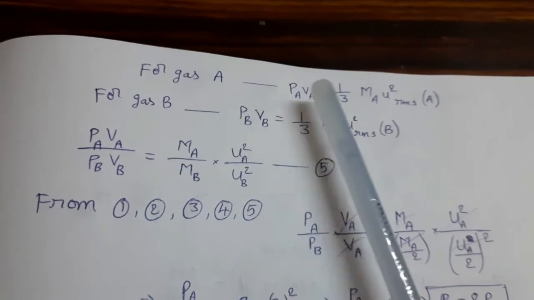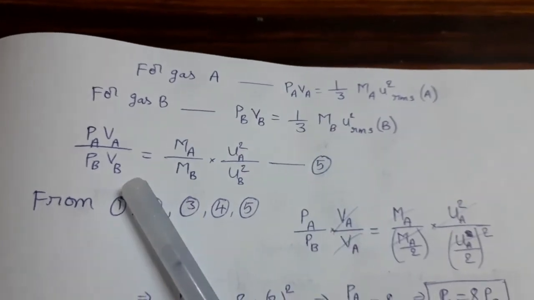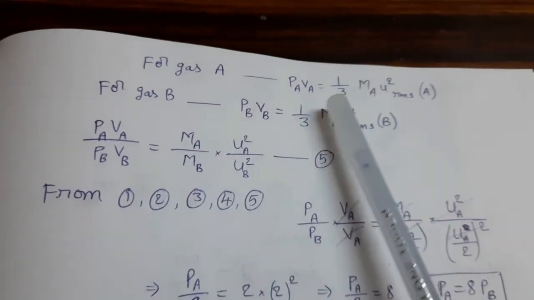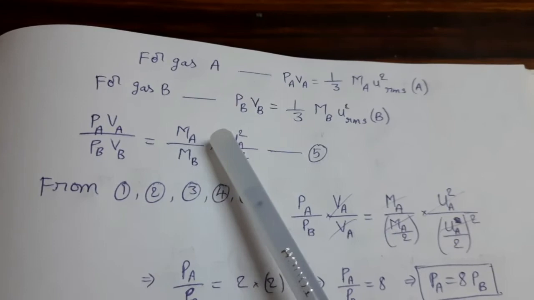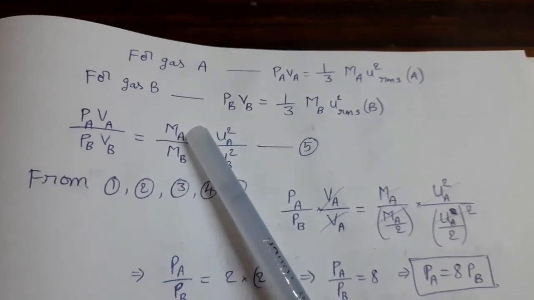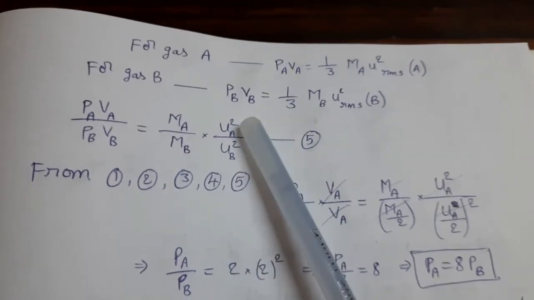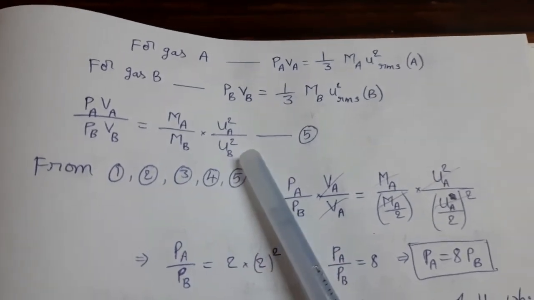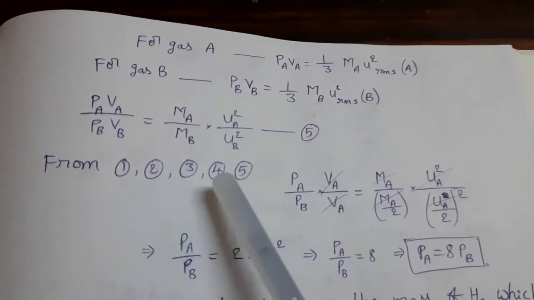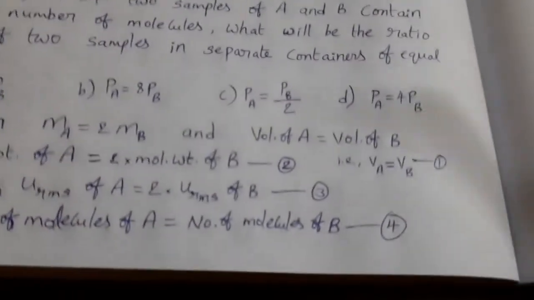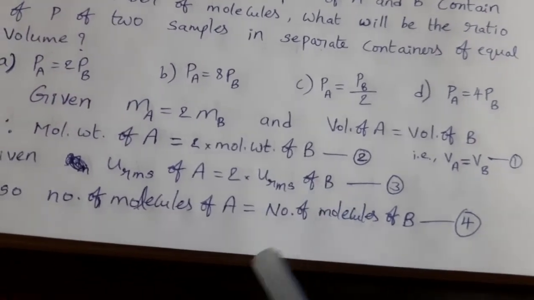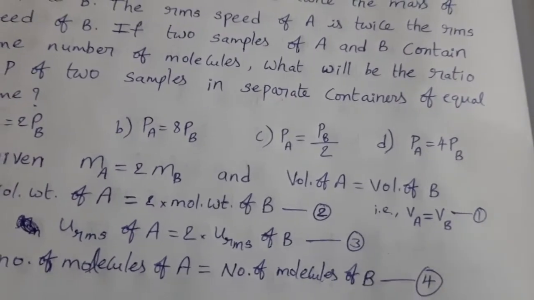So from these two expressions we can write PA VA by PB VB equal to 1 by 3 get cancelled, then remaining MA by MB into UA square by UB square, molar mass of A, molar mass of B, RMS velocity of A, RMS velocity of B. Let it be equation 5. Now see all the expressions.